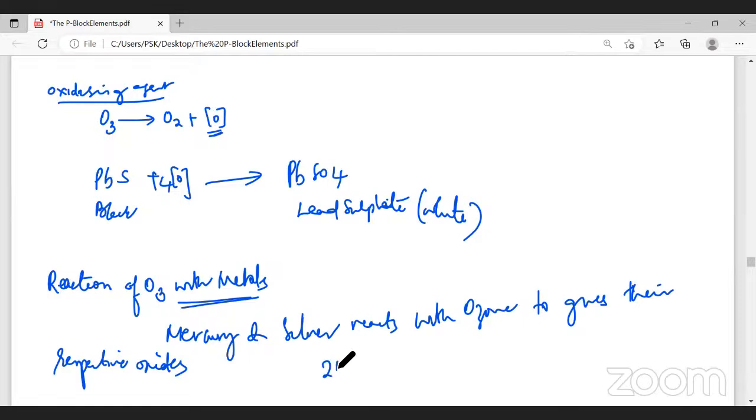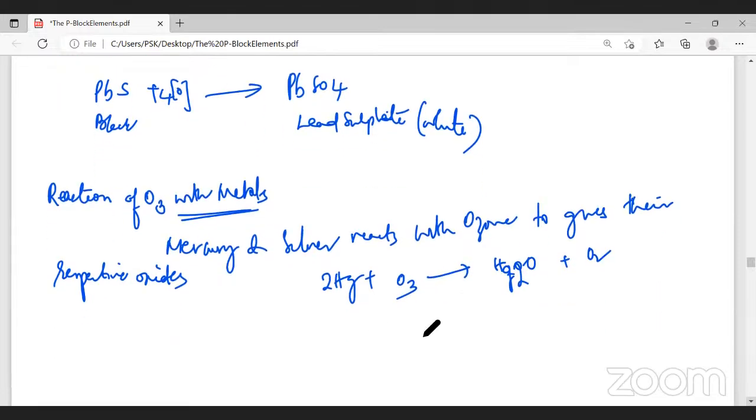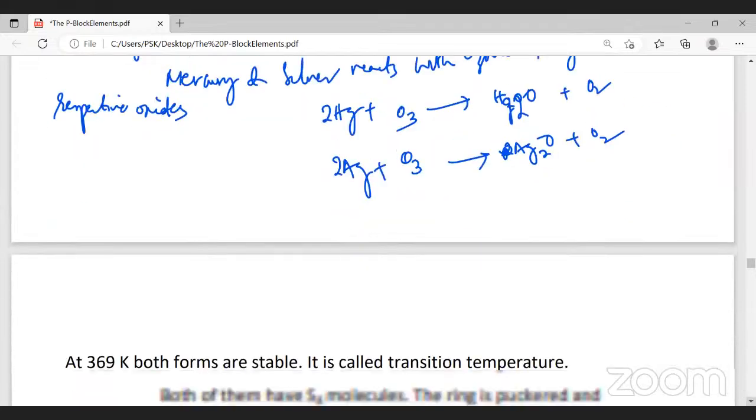For example, mercury on reaction with ozone, we get mercuric oxide, Hg2O plus O2. Likewise, silver reacts with ozone to give silver oxide, giving you oxygen. So reaction with metals. These are the chemical properties of ozone.